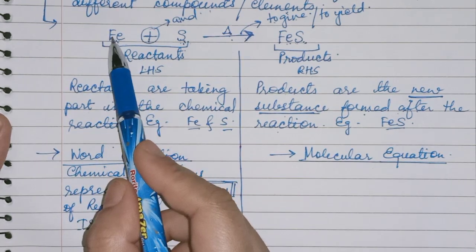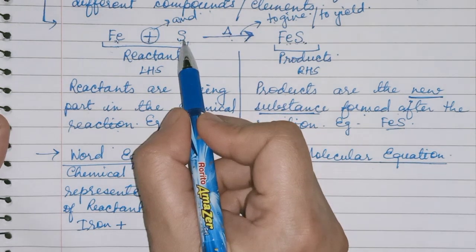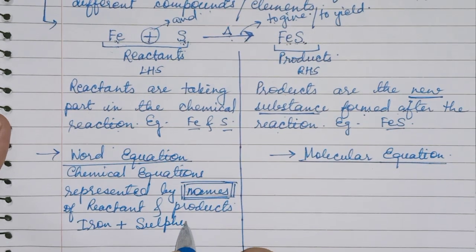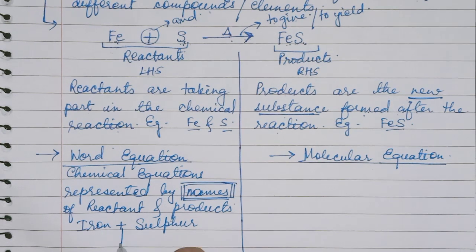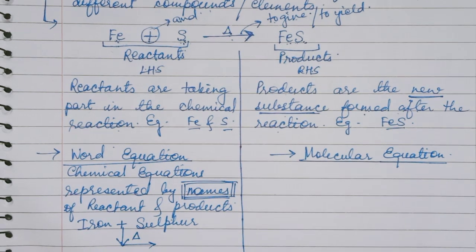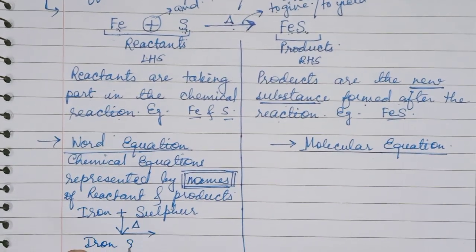And S, the symbol is for sulfur. Iron and sulfur, both are the names. Reacts or heated to give, what do they give? Iron sulfide. You will write iron sulfide.